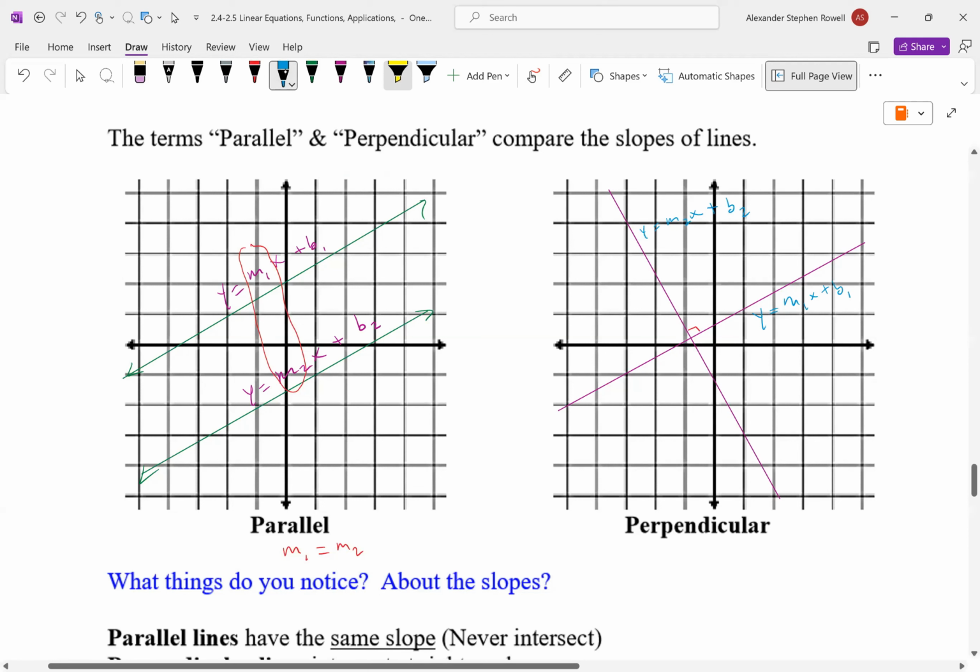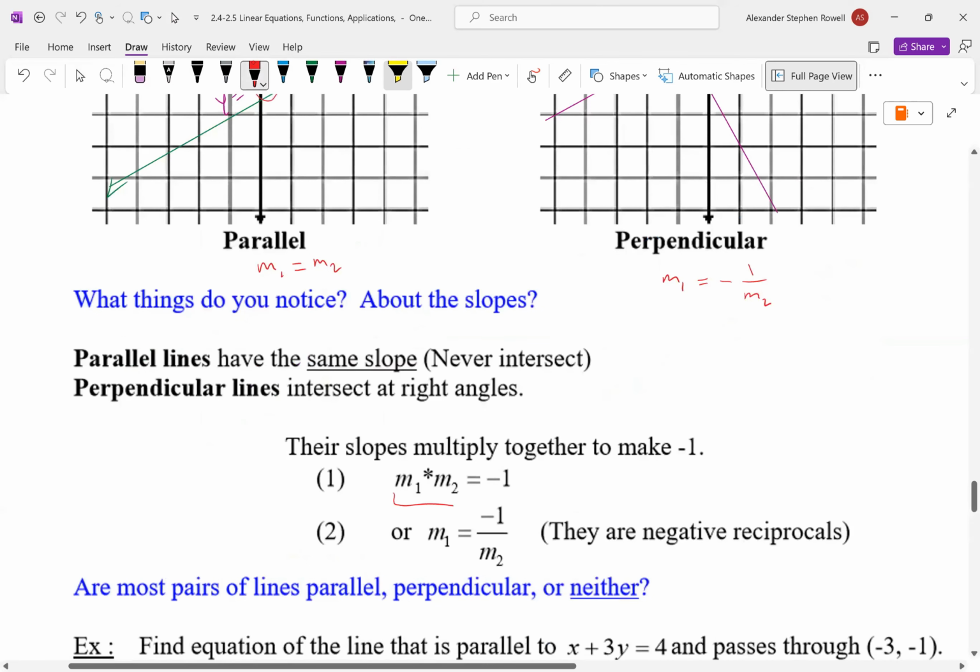Why is this true? That is beyond the scope of this class. It takes some higher level math to prove why it's true, but we'll just memorize it because it's an easy property. M1 is equal to the negative reciprocal of the other. All right, any questions about this? Or another way to check is they multiply together to make -1.